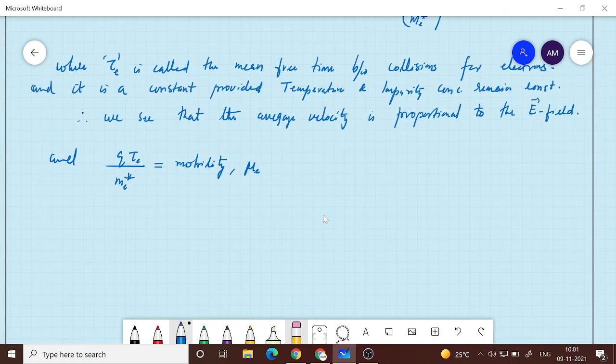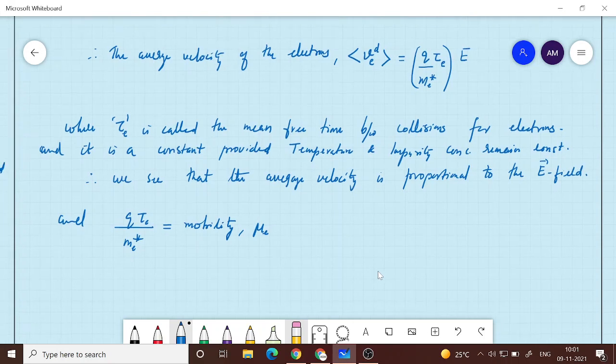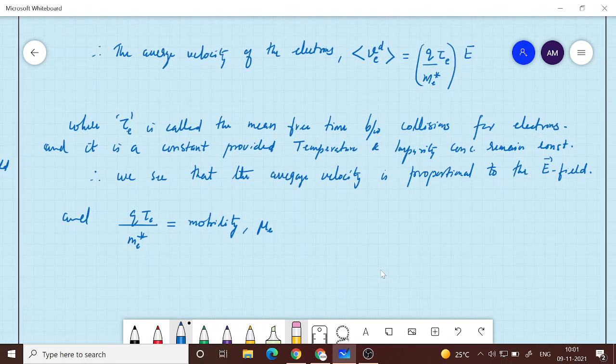As I told you, tau depends so much on temperature and impurity concentration, etc. And later we will see that it is also going to depend on the electric field itself, especially at large values of electric field.